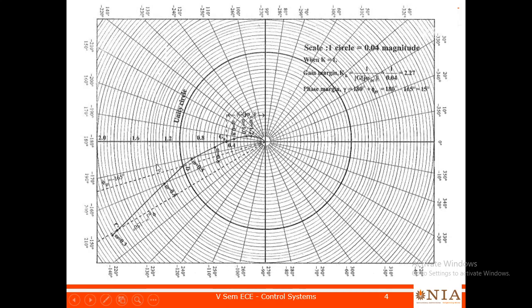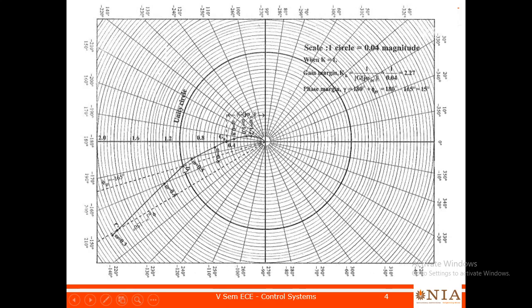And how to find the phase margin? You have to see where the polar plot cuts the unity circle. This is the circle with gain unity, so it cuts at this point. At this point you have to note down the phase.